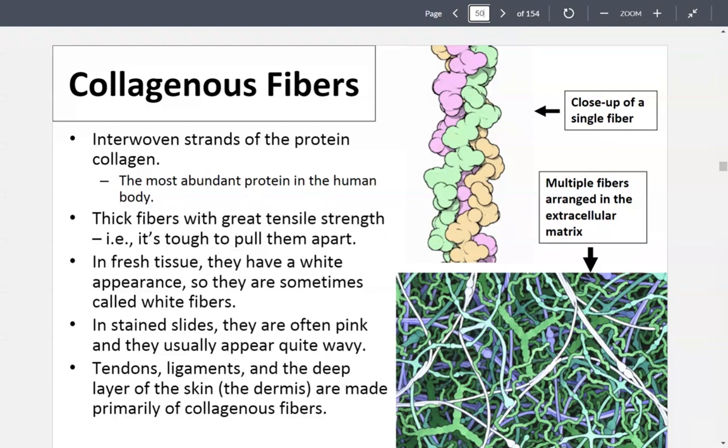Therefore, you're going to find this guy in many, many places. However, it also is what creates tendons and ligaments. What are tendons? Tendons are connective tissue strips that connect your muscles to bones. Ligaments are connective tissue strips that connect your bones to bones.